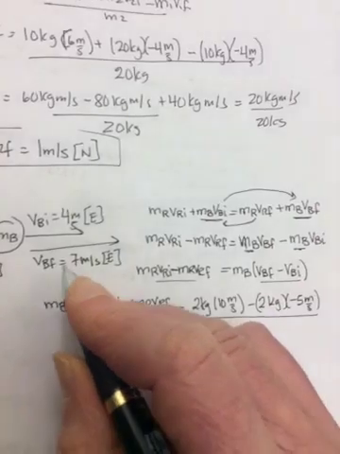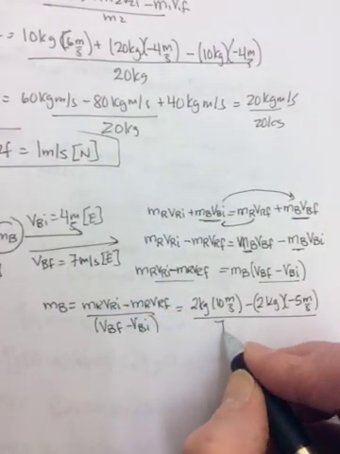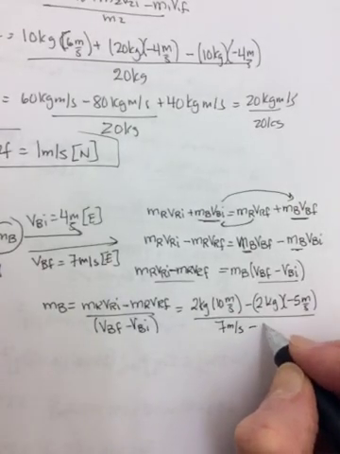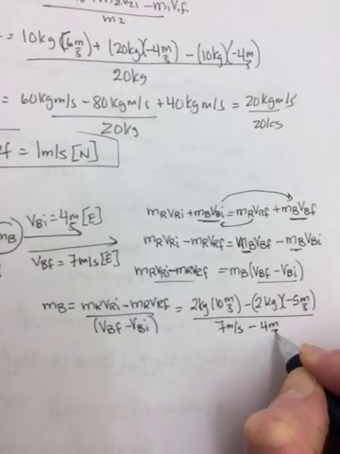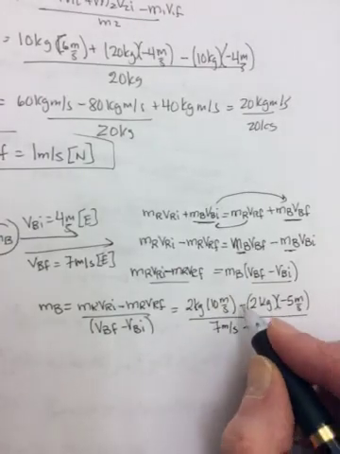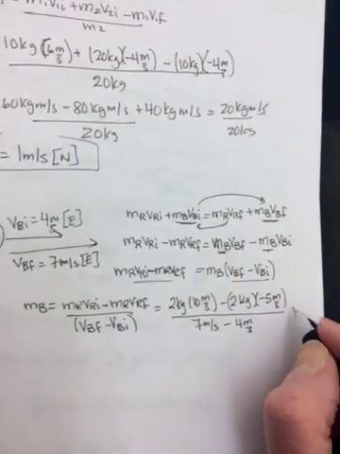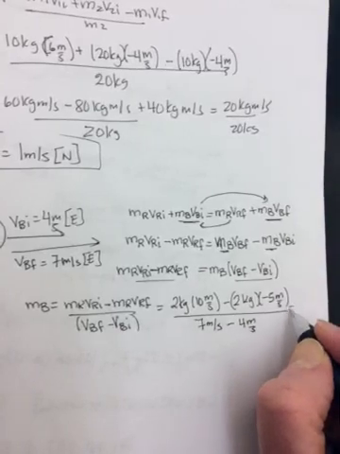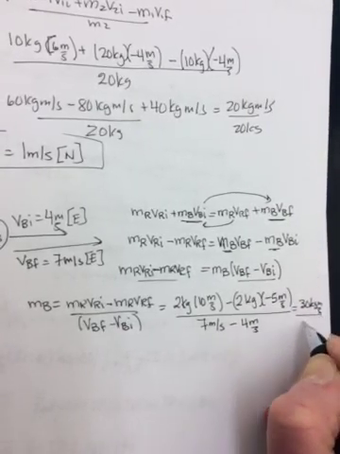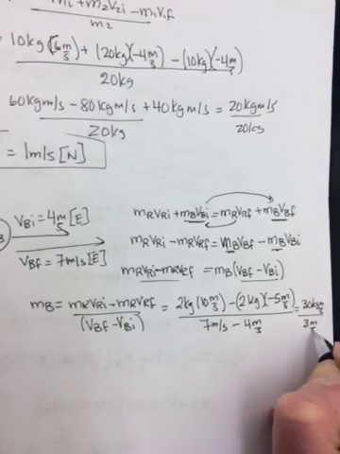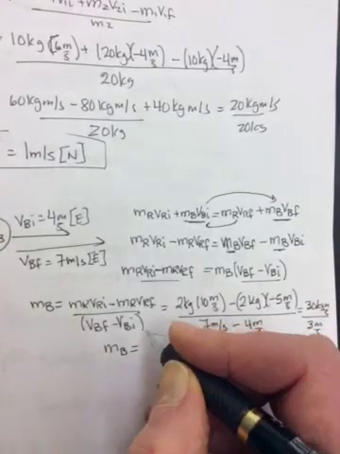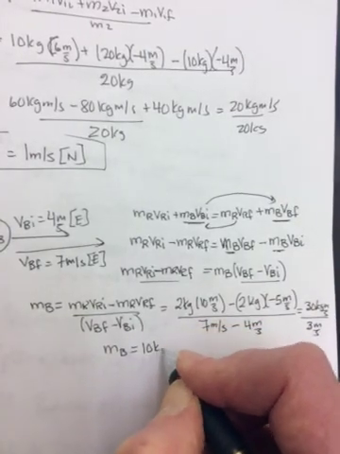On the bottom, the final of the blue was 7 meters per second east minus 4 meters per second east. So on the top, 20 kilogram meters per second plus 10. So the top is going to be 30 kilogram meters per second, and on the bottom it's going to be 3 meters per second. So the mass of the blue ball is going to be 10 kilograms.